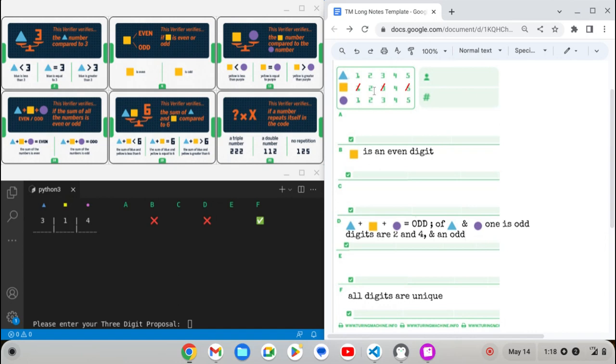Well, since square is 2 or 4, the only way that the sum would be equal to 6 is if it was a 2 and 4, which potentially could work out if it were 6. And then depending on what square is, that may help us figure out what the potentially odd digit of circle would be.